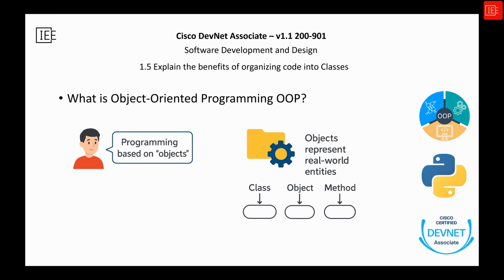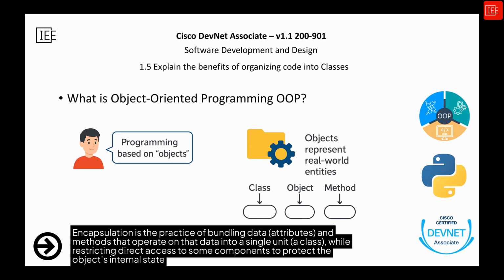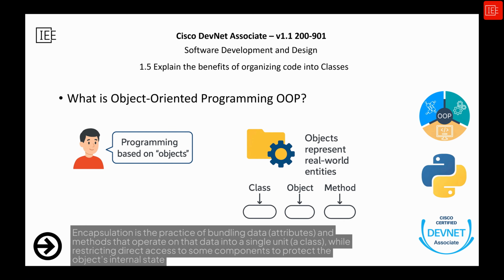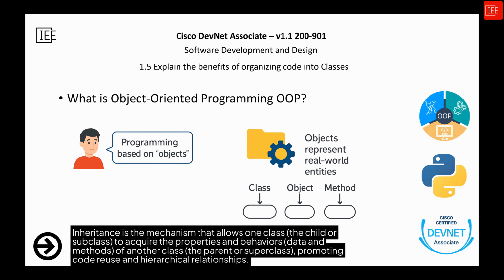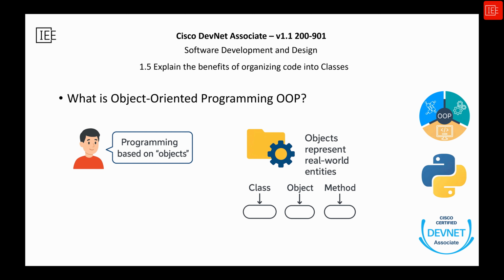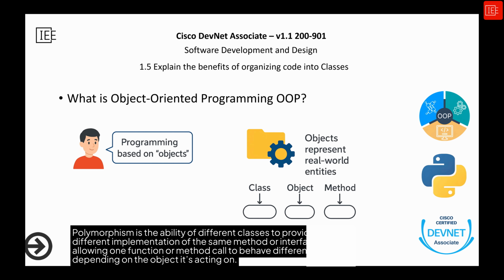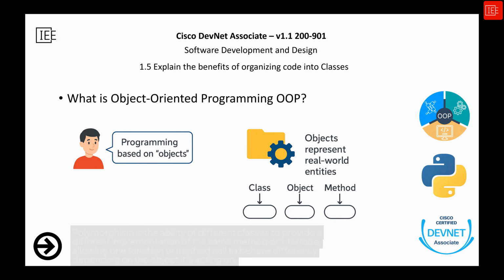Object-oriented programming is built on a few key ideas. For example, encapsulation keeps an object's internal workings private, exposing only what's necessary. We also have inheritance, which lets you create new classes based on existing ones, so you can build on previous work without starting from scratch. And we have polymorphism, which allows different objects to respond to the same command in their own way, so it makes your code more flexible.